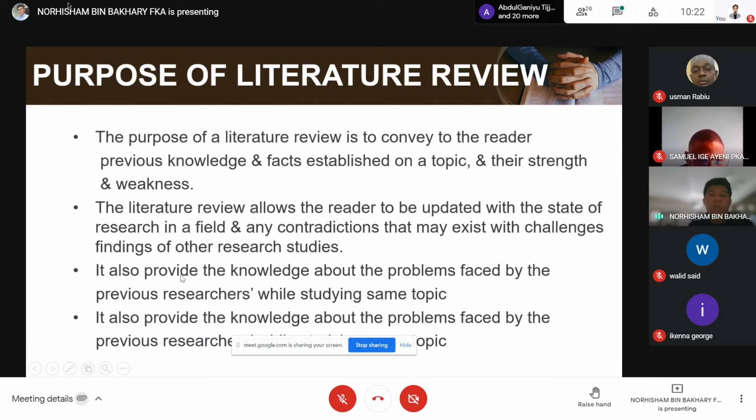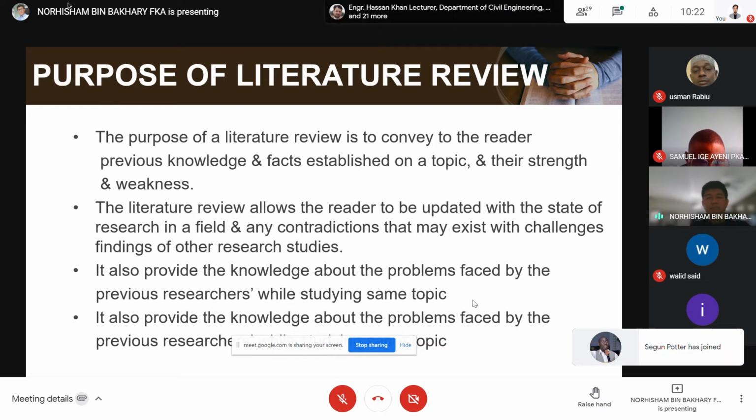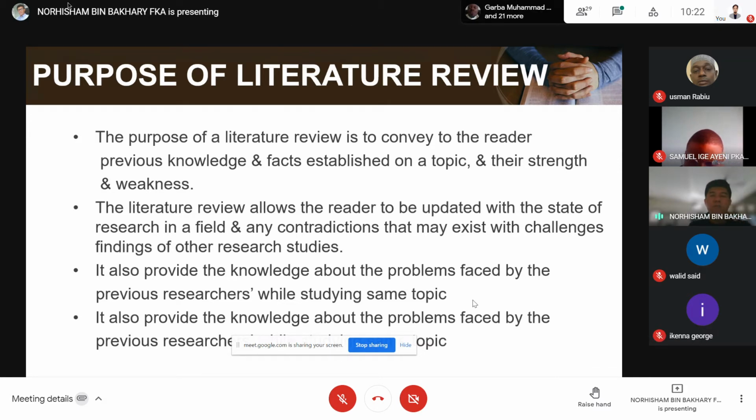So it also provides the knowledge about the problems faced by the previous researchers while studying the same topic. So some earlier researchers have their problems. For example, in my area, the research before year 2000 has a problem where they normally go for small scale experiments, because during that time the computational power was not good, so they could not analyze the bigger scale.